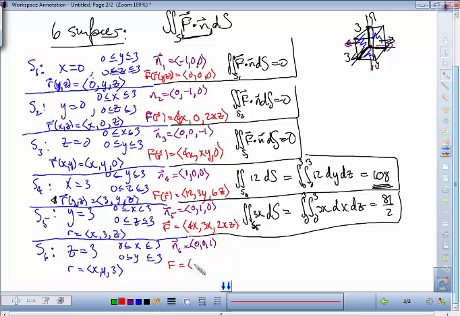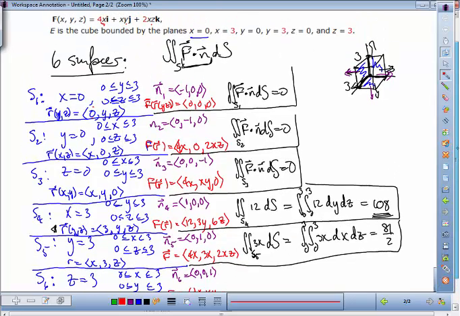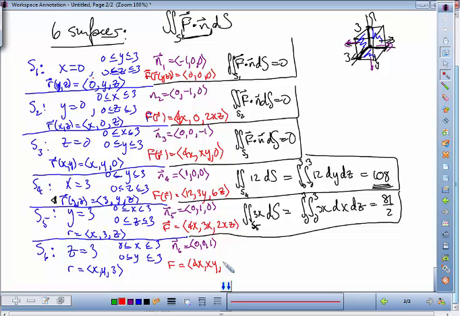We're going to get x is x, y is y, and z is equal to 3. So the z was 2xz, 2 times x times 3. I guess that's 6x. And when I dot this, the first two components go away because of the normal vector, and then we just have 6x.